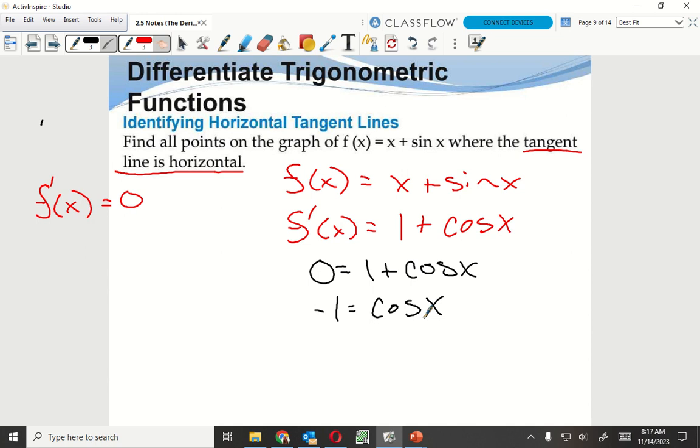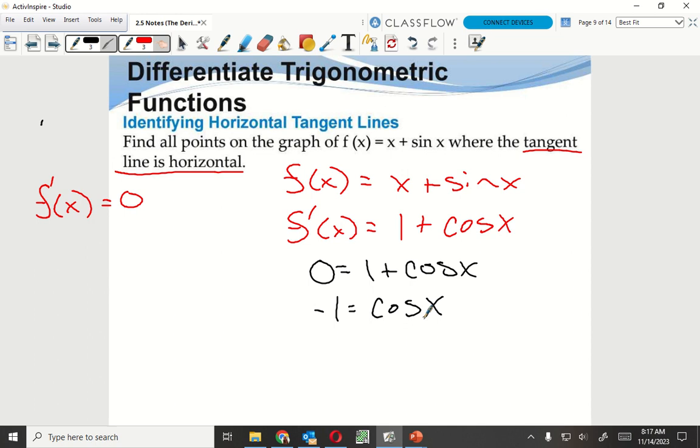Now, and I know Denny's got to know this. Okay, it's got to be Denny. If I'm looking for an angle, I do the inverse. I said it for an entire year last year, all year long. If you're looking for an angle, you do the inverse. We're looking for an angle. My angle's in radians here.